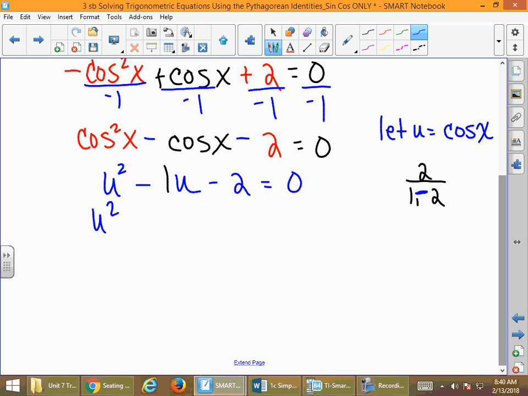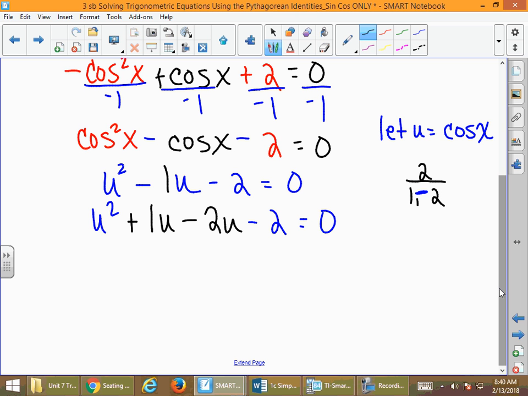And u squared plus 1u minus 2u minus 2. If you've been doing practice, if you've been doing your online assignment, this is a pretty common factoring.